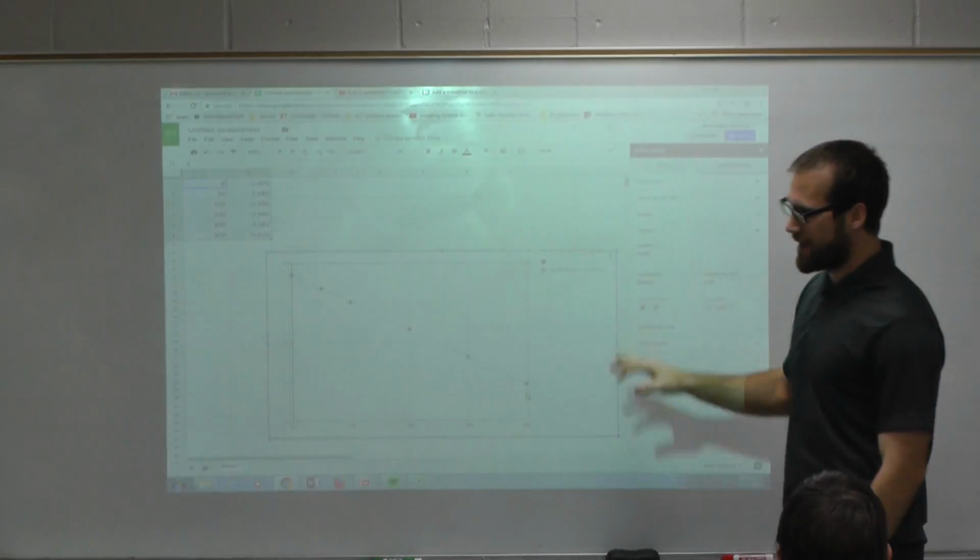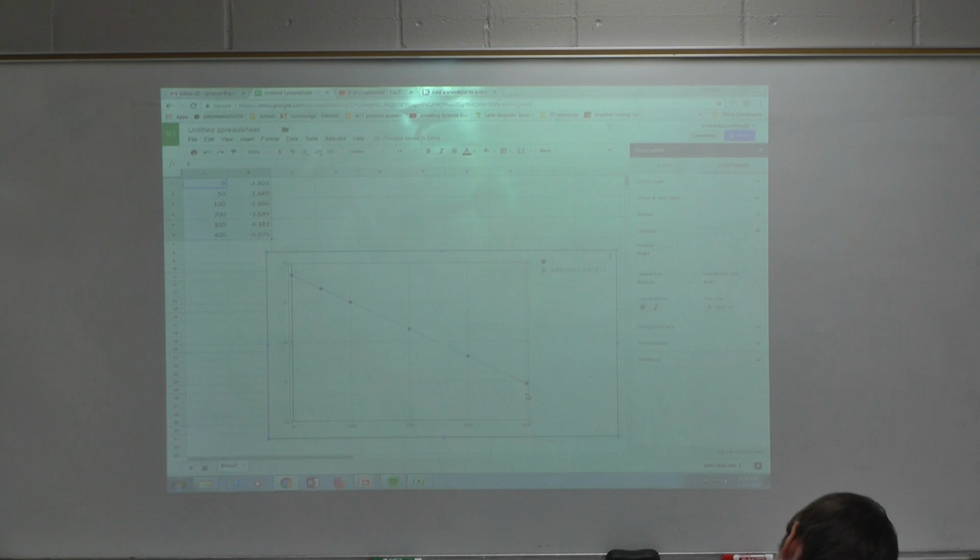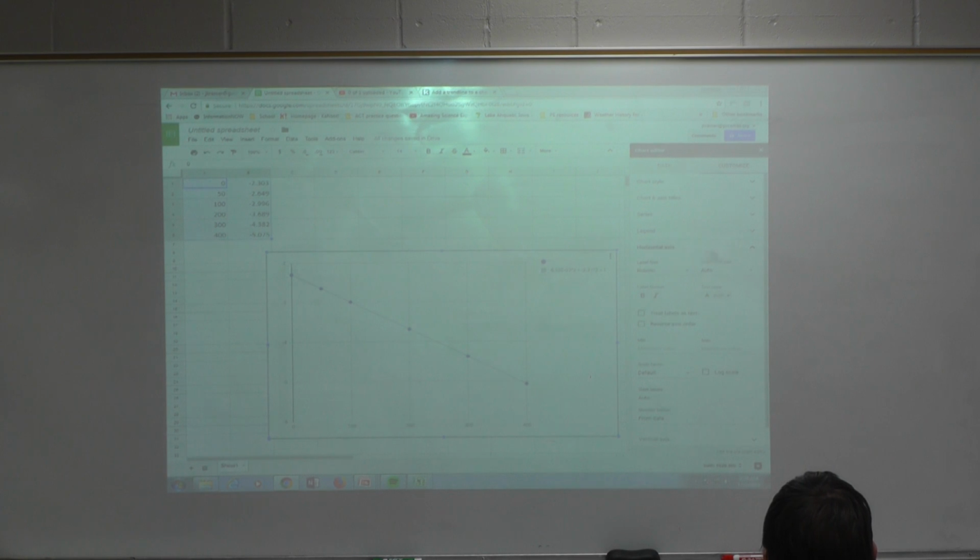Then I'm assuming when you go to horizontal axis, you could put in a chart title and axis titles. Any idea, those of you who've used this, how to do that? Oh, there you go, chart and axis titles. Put a chart title.